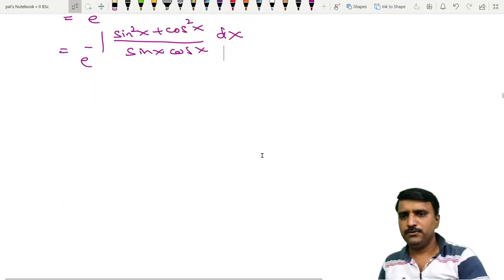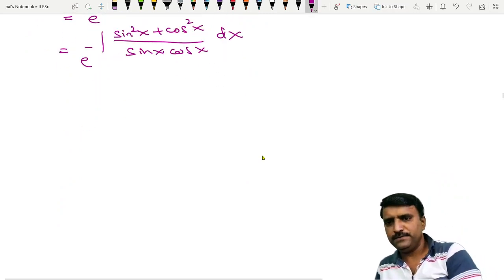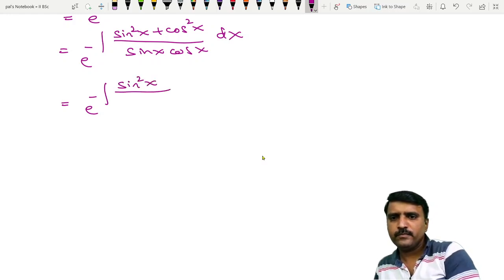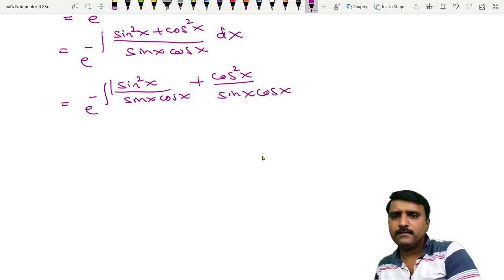Now simplifying this and integrating, it is e to the power of minus integration of sin square x divided by sin x cos x plus cos square x divided by sin x cos x, into dx.